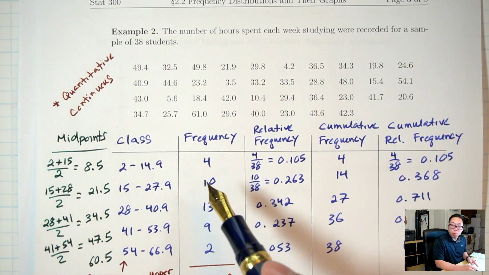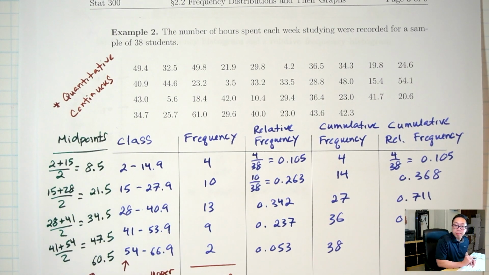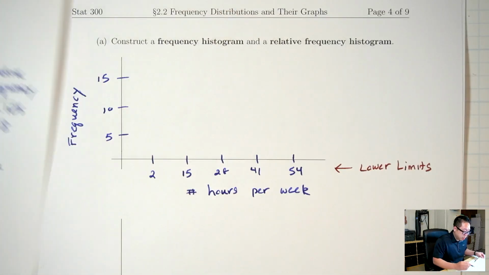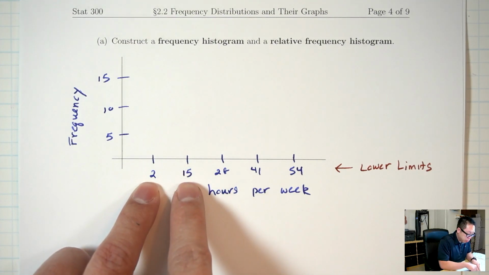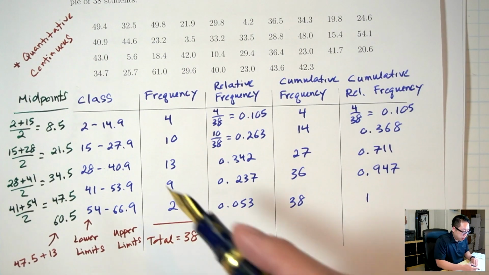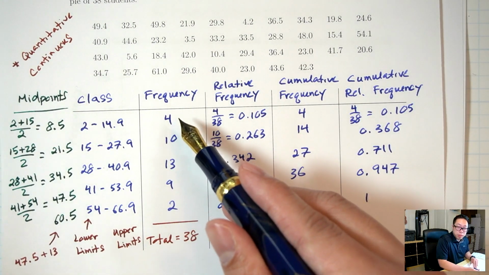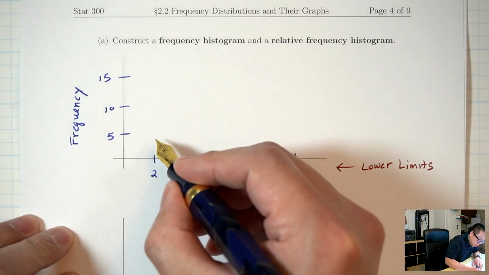All right, the first frequency is 4. So this 4 is representing the range from 2 to 14.9, right? So this bar should be from 2 to 14.9. So it should be above the range 2 to 15. Okay, so I'm going to draw a bar at height 4 over the range 2 to 15. So height 4 is right here.